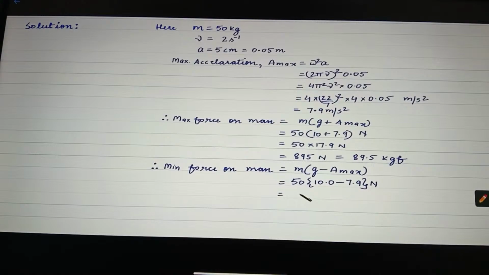This is equal to, when calculated, 105 newtons. So that is 10.5 kilogram force. So here we have calculated the maximum force on the man and the minimum force on the man.